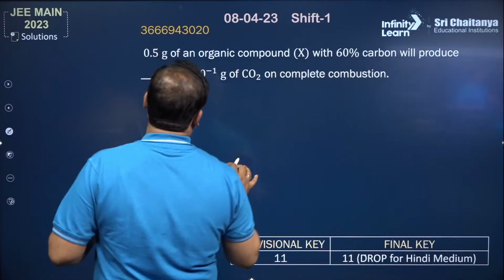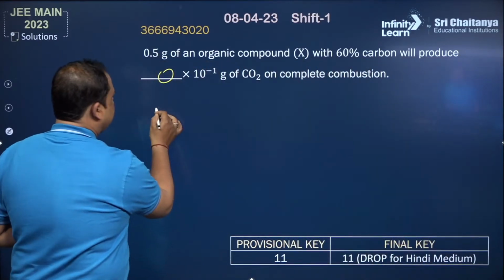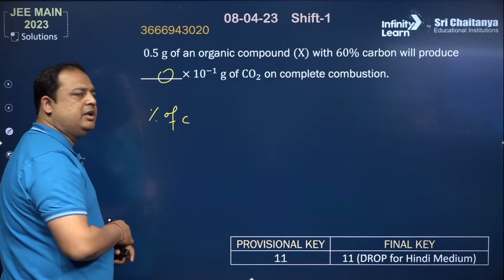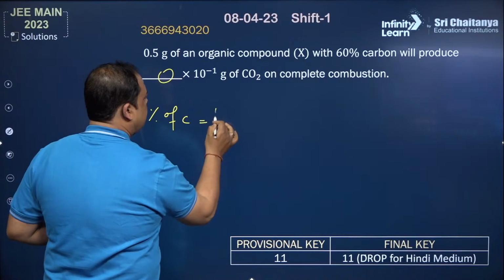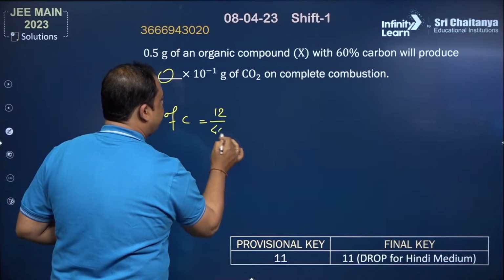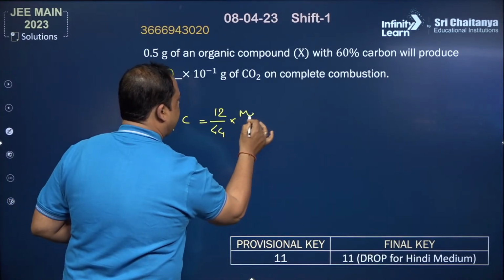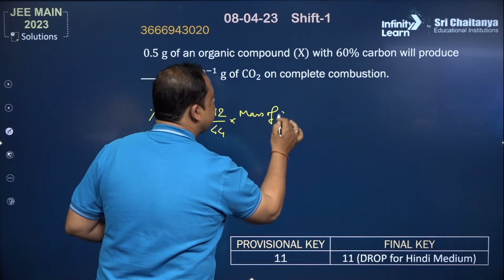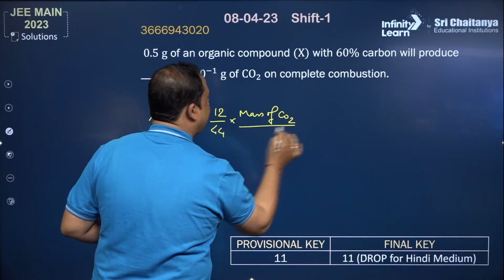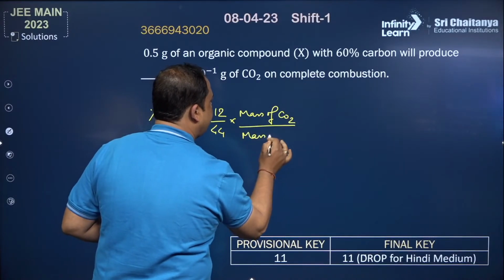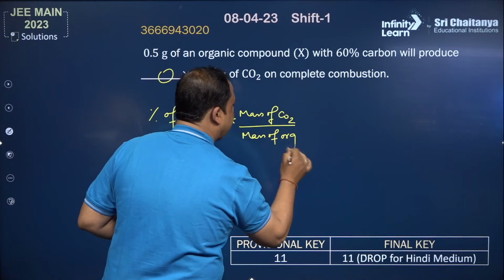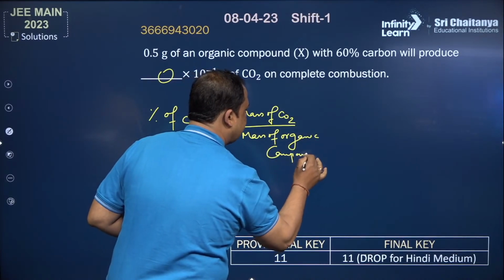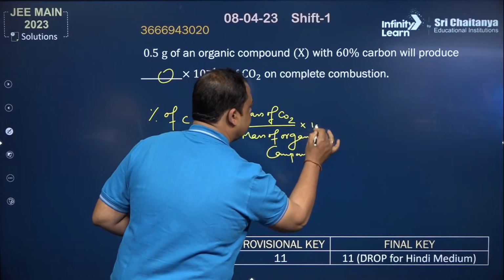What we do for finding percentage of carbon in an organic compound is write 12 divided by 44 into mass of CO2 divided by mass of organic compound into 100.